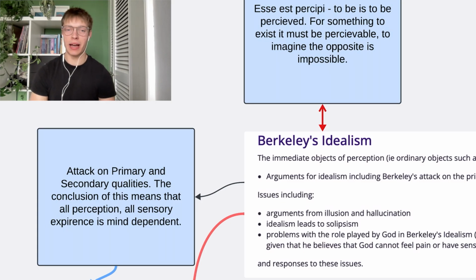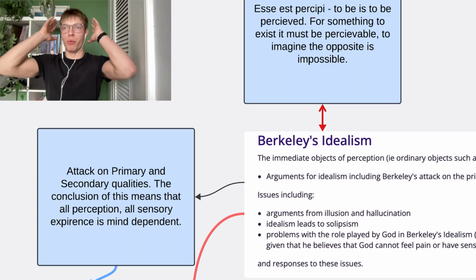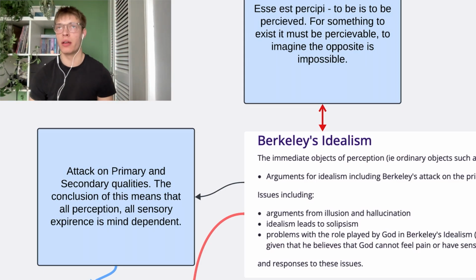The tagline being esse est percipi. My Latin is not good at all. Now, what this means is "to be is to be perceived." So let's conceive of an apple in our mind. Then let's take away the way it might taste, the way it looks, the way it might feel, the way it might smell.